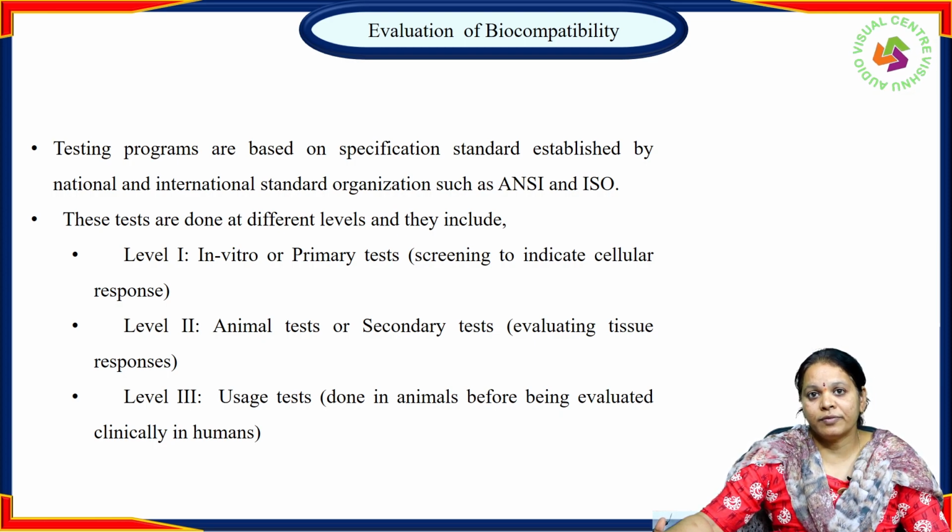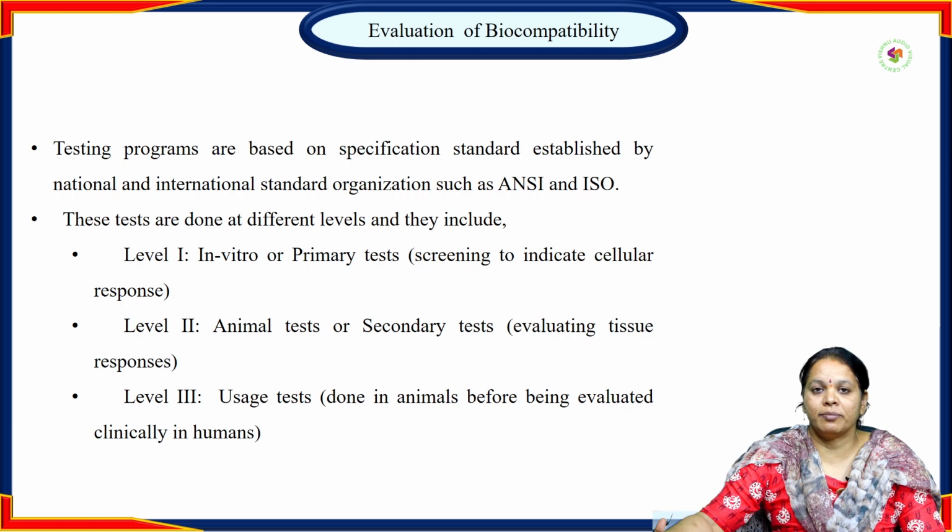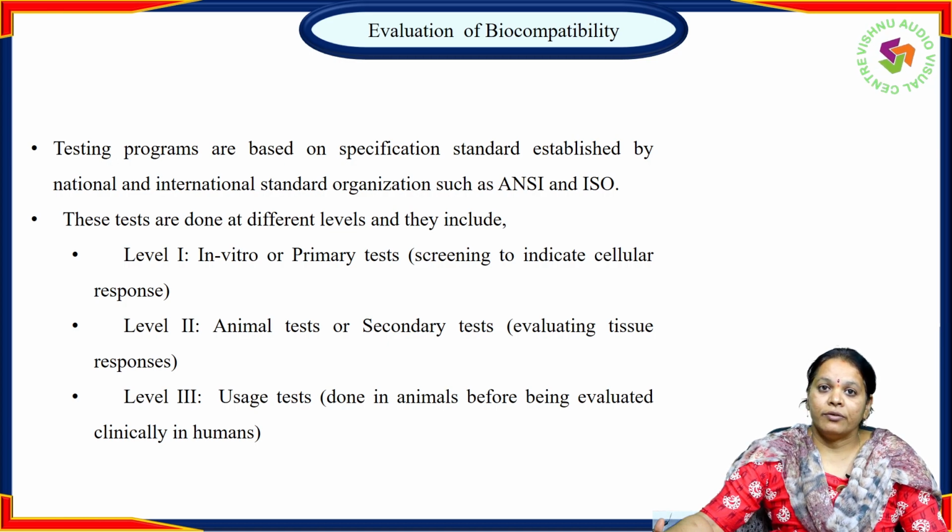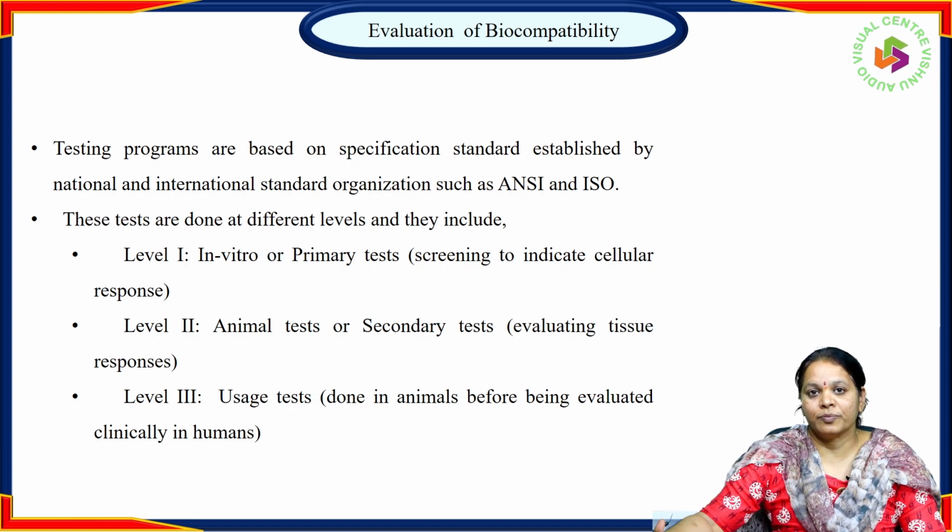Next, after assuring with the results that it is compatible enough to use this material for the given application, then we will check with the living tissue. That is, we try to implant the material inside a species, that is an animal species, which has a match with respect to that of the human tissue.